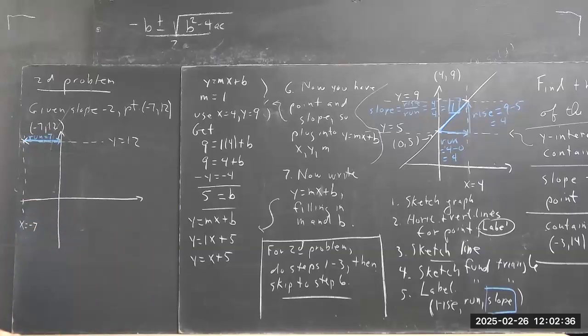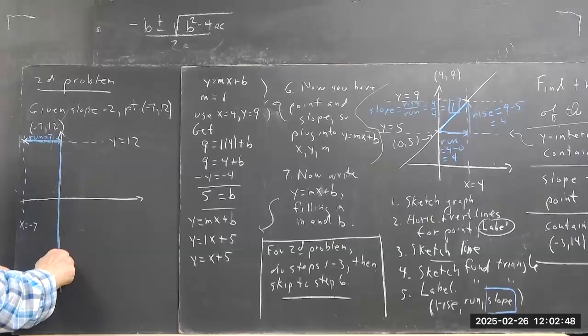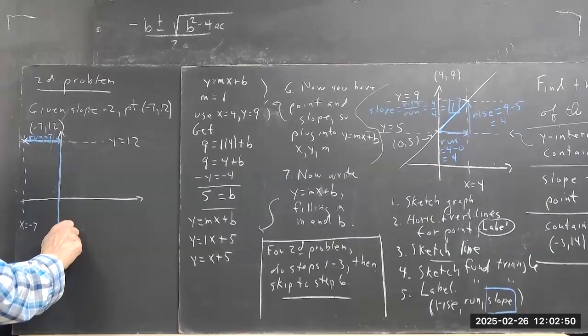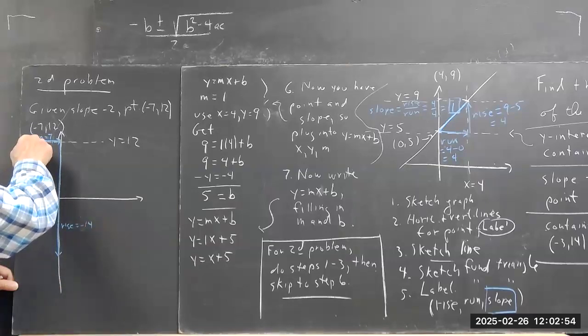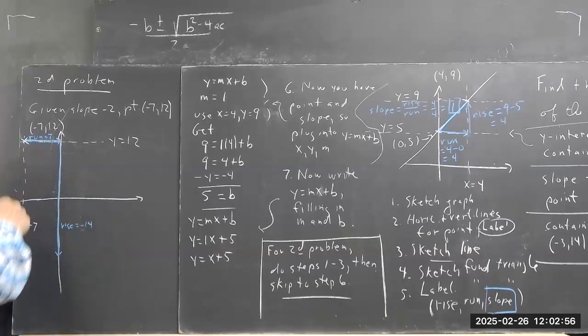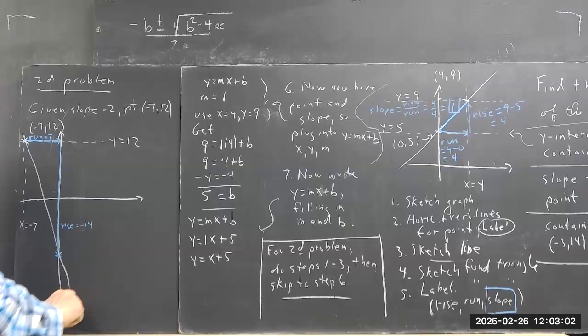This is more or less optional. But if the run is 7, then your rise has to be -14. So it's not a bad idea to do this if you can, so that you know your line should go through these 2 points.